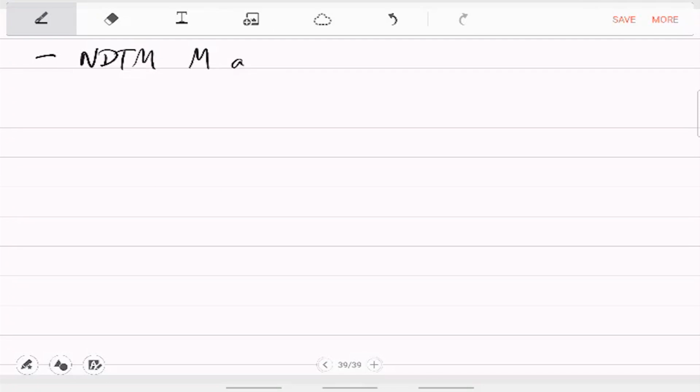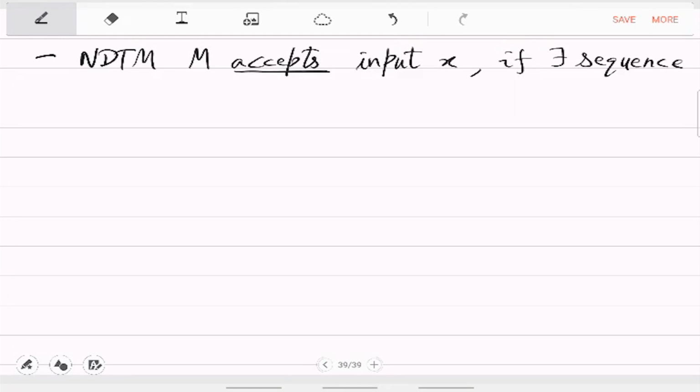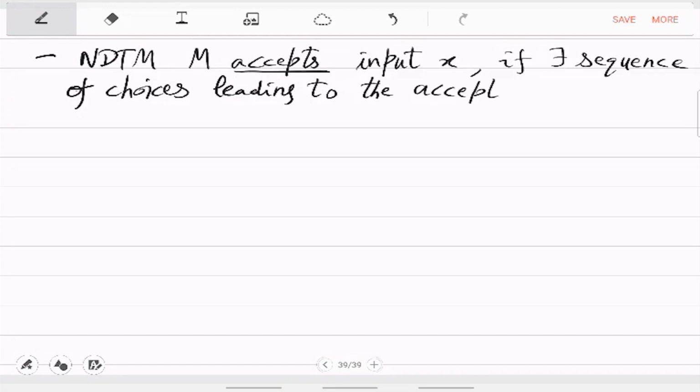So an NDTM accepts input X if there exists a sequence of choices leading to the accept state, and outputs 1.